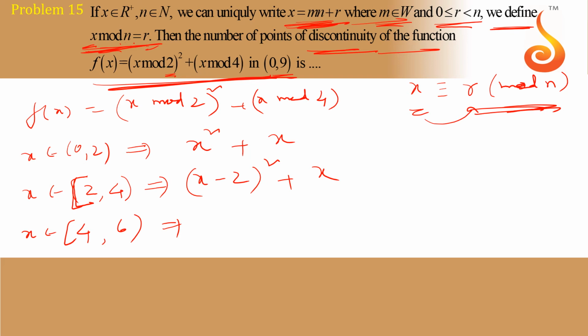So what you have observed is x minus 4. x mod 2 will be x minus 4 whole square. Now x mod 4, but it is up to 6 now. 4 to 6 is greater than 4, so can I say it will become x minus 4?